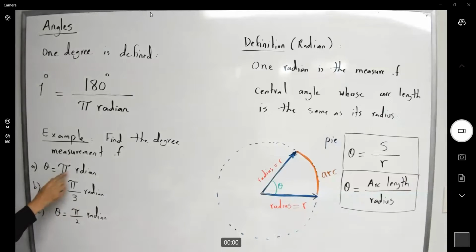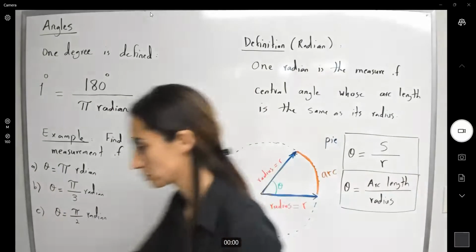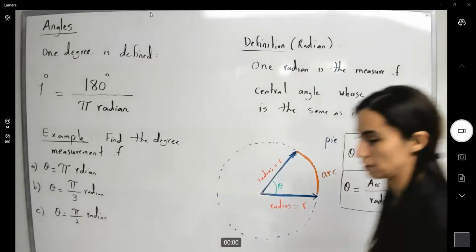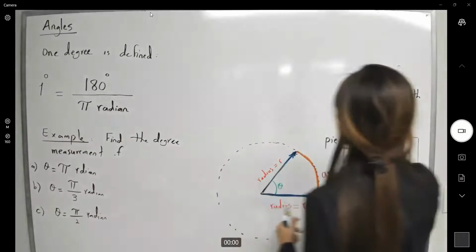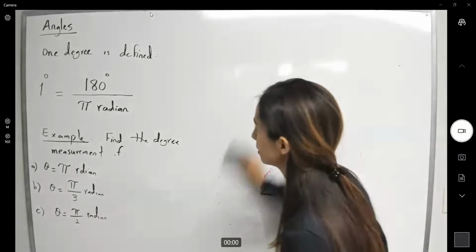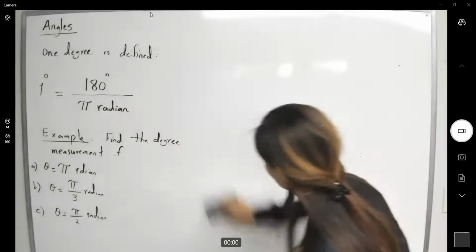You can continue this process. How do I convert the radian into degrees? So what are you going to do? We're going to take each of these measurements and multiply them by 180 degrees over pi radian.